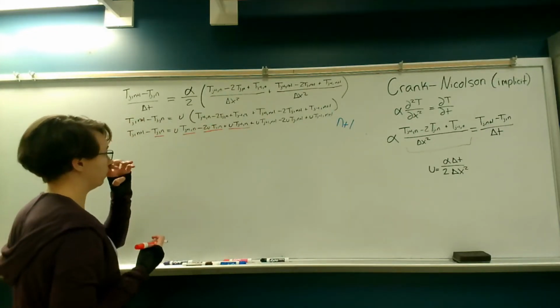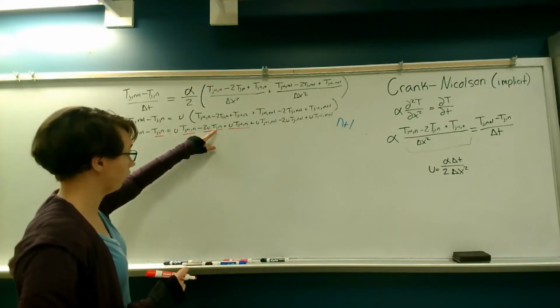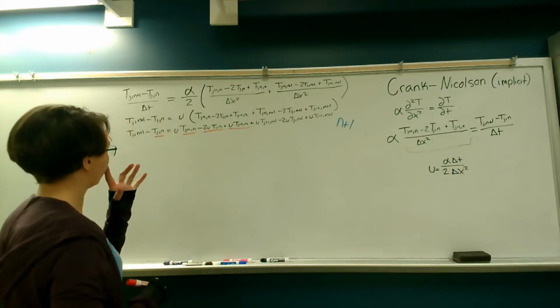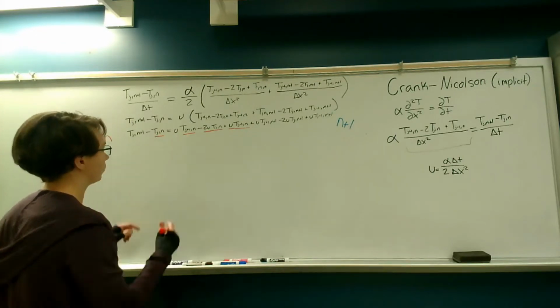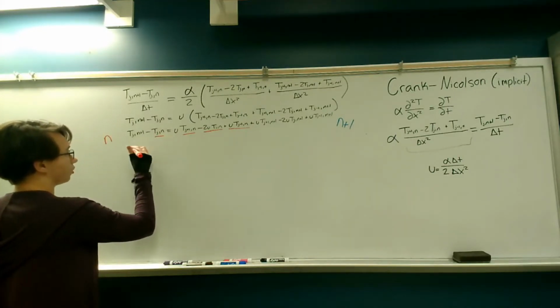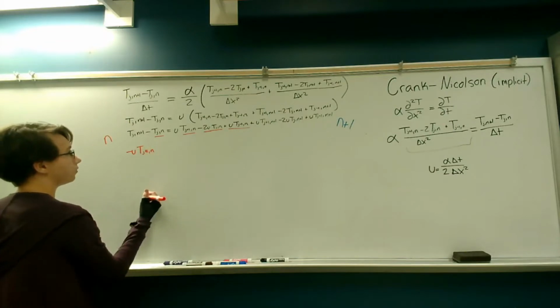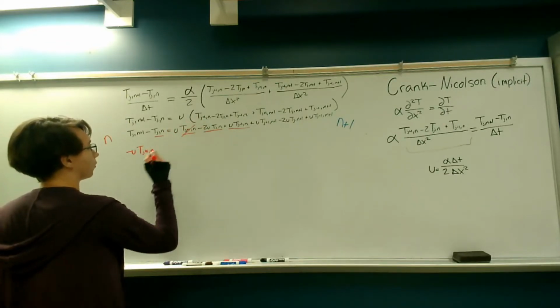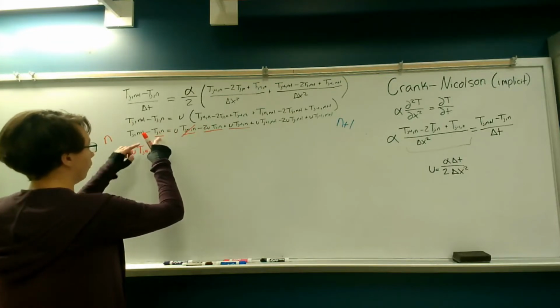Okay, so then within these we have j n, j plus 1 n, another j n, and j minus 1. So we'll start with this j plus 1. Subtract it over this side, we've got negative u at t, j plus 1, n. Then we'll do just this j n.